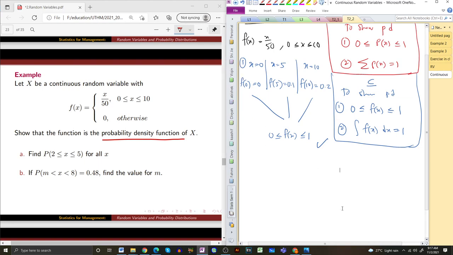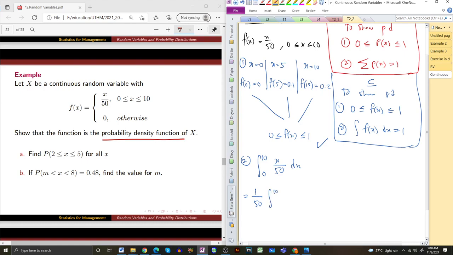The second condition: integrate. I suppose you guys are well versed in integration.